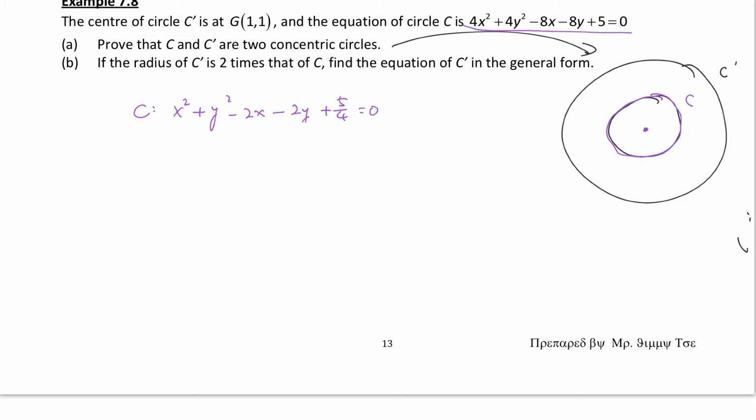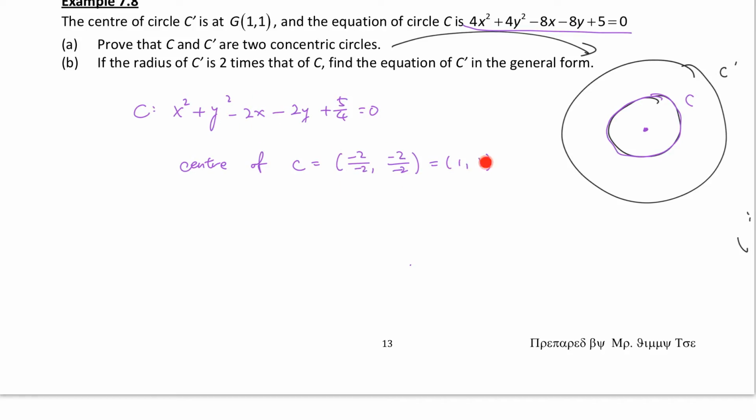Then I know the center. The center of C is equal to negative 2 over negative 2, negative 2 over negative 2. Although the answer is obvious, because I need to prove it, I need to write down all the steps.